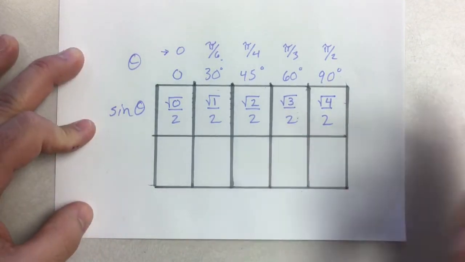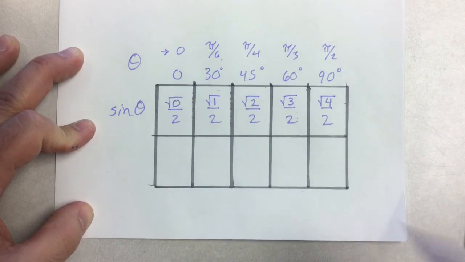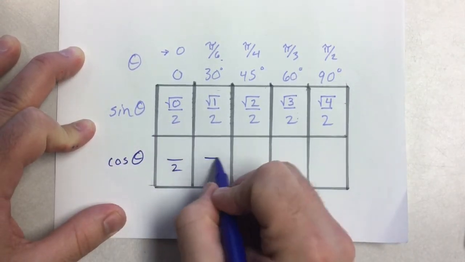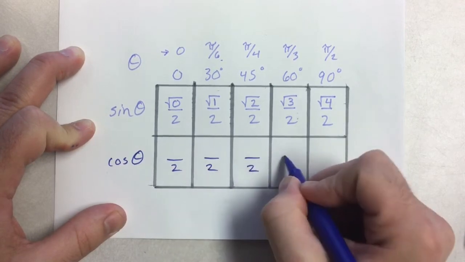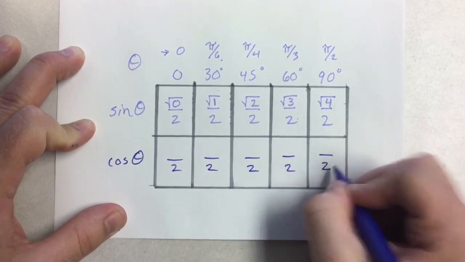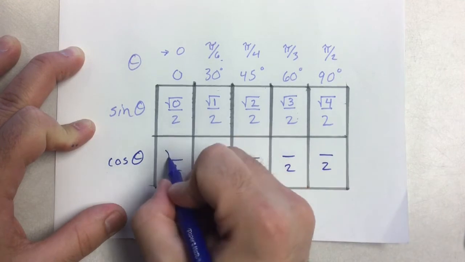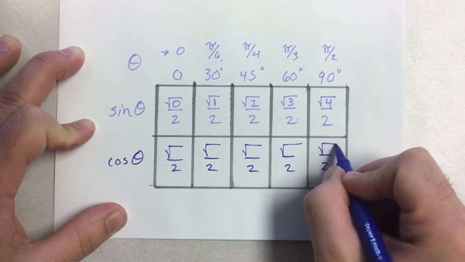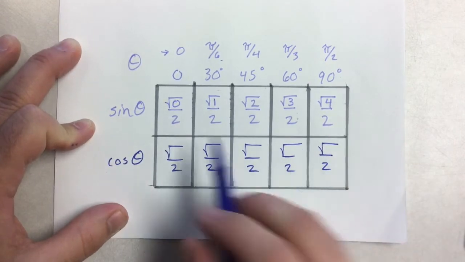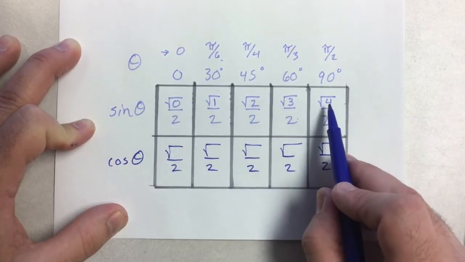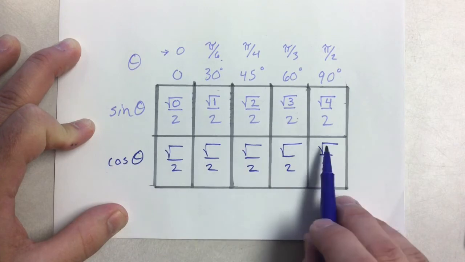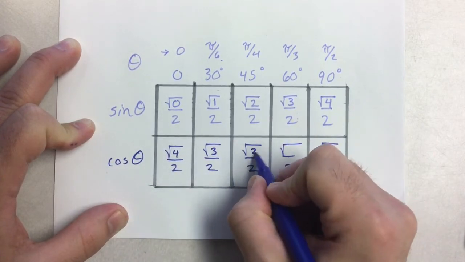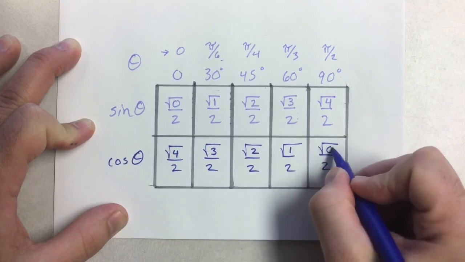So what about cosine? Same idea: every entry is over 2, and every numerator is a square root. With cosine, rather than going from 0 to 4, I go in the opposite direction, from 4 to 0.